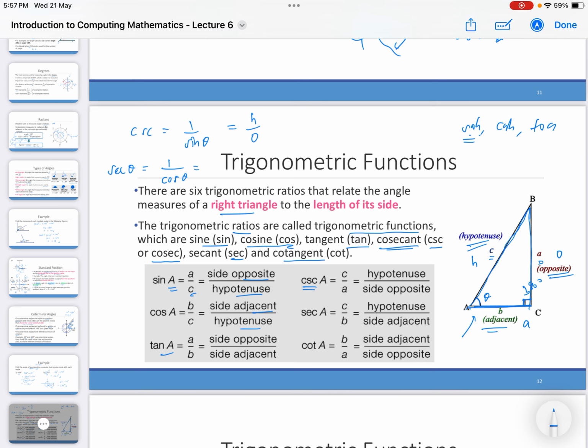If cos is adjacent over hypotenuse, then 1 over cos, secant theta, will be hypotenuse over adjacent. And cotangent, cot, equals 1 over tangent theta, which is adjacent over opposite. So make sure secant is 1 over cos, and cosecant is 1 over sine.